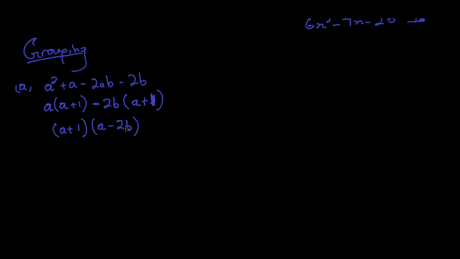Okay, so instead of writing this down, let me do it step by step. Let's say I take out a plus 1 as a common factor between the two. So I divide this by a plus 1, a plus 1 divided by a plus 1.